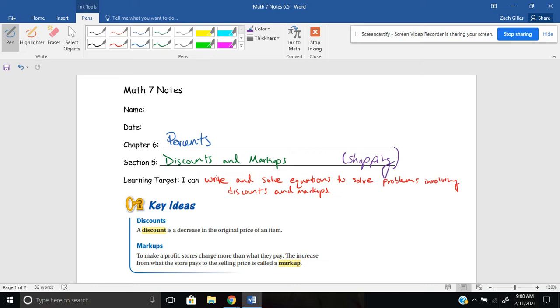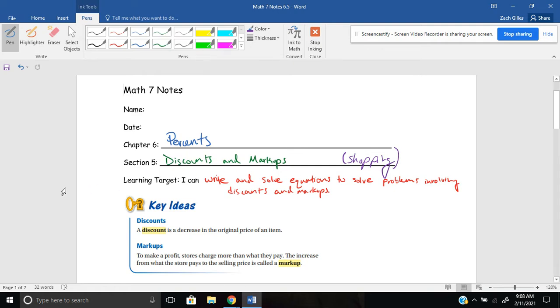But discounts and markups are things that you see all the time when you're out shopping and you're being a consumer and you're looking to buy something, whether it's a car or a video game or whatever it might be. You see discounts and markups very frequently.